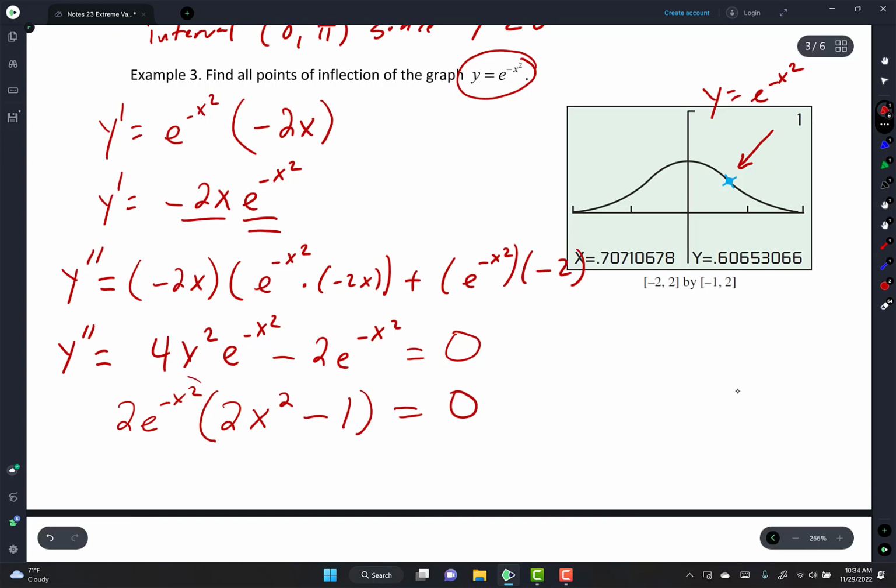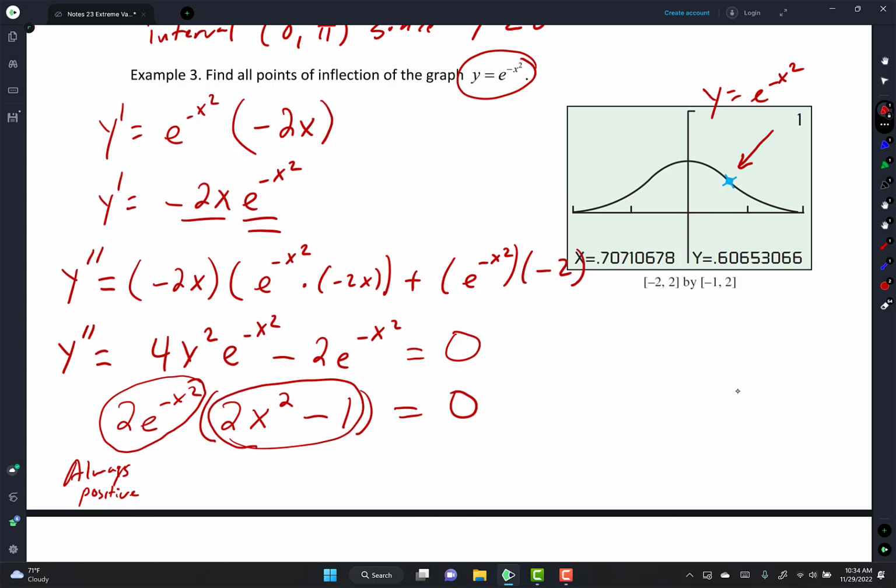I do not have to worry about the 2e to the negative x squared, that is always going to be positive. Always positive. But this guy here is definitely going to give me 0. So I'm just going to go 2x squared minus 1 equals 0. 2x squared equals 1.